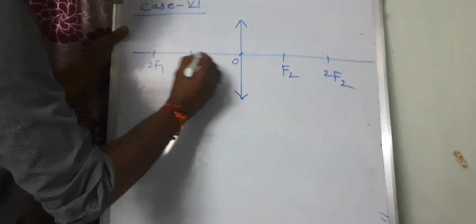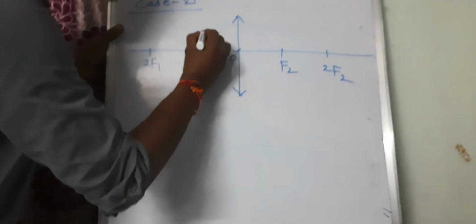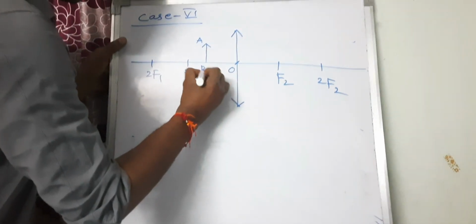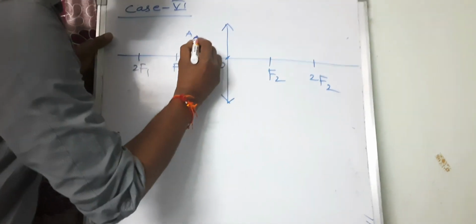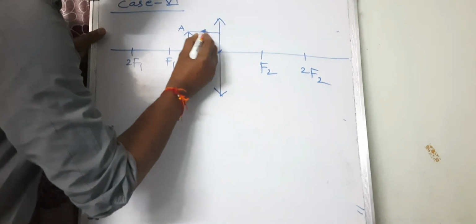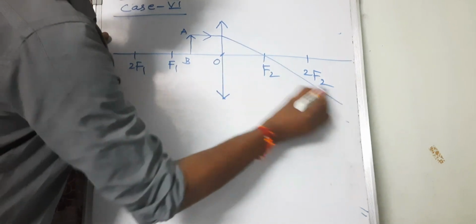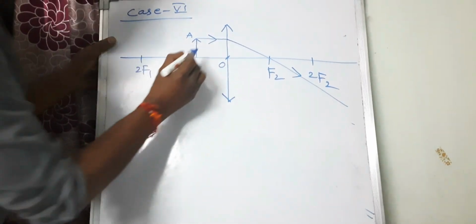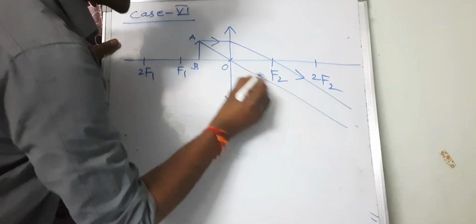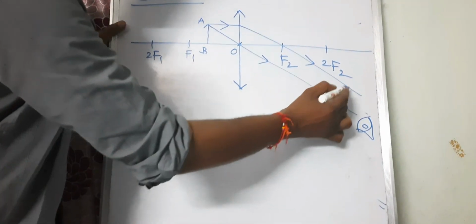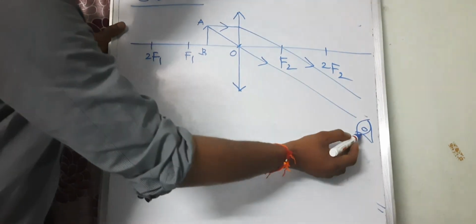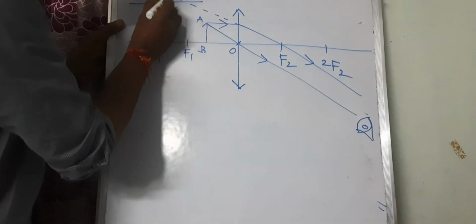So the object is placed between the optical center and the focus. See here, to locate its image position, we have to take a minimum of 2 rays. One ray parallel, after refraction passes through the focus. Another ray passes through the optical center. But if we observe through the eye, they are not going to meet. So I backtrack the rays.